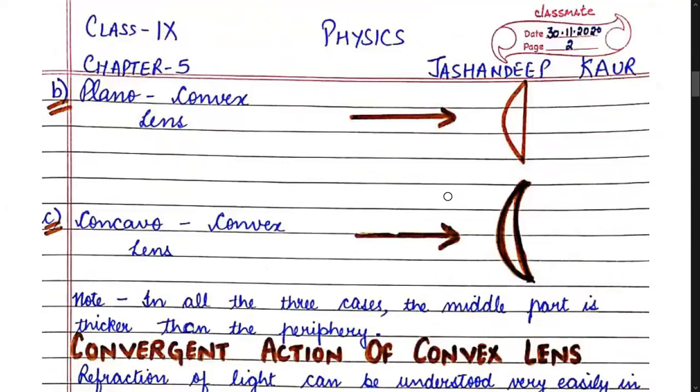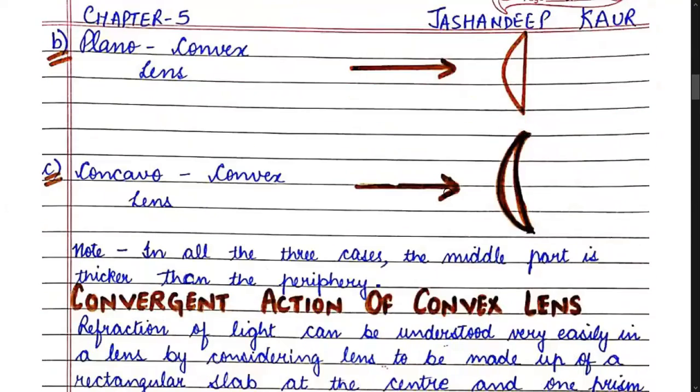The second part is plano-convex lens. Students, in plano-convex lens, as the name suggests, one surface is convex while the other surface is plane. So, plano-convex lens means one side is plane and one side is convex.